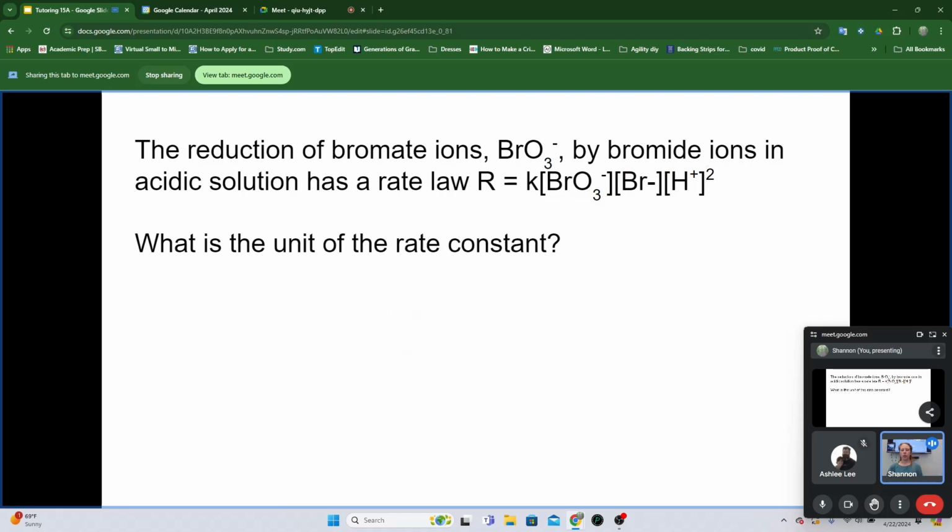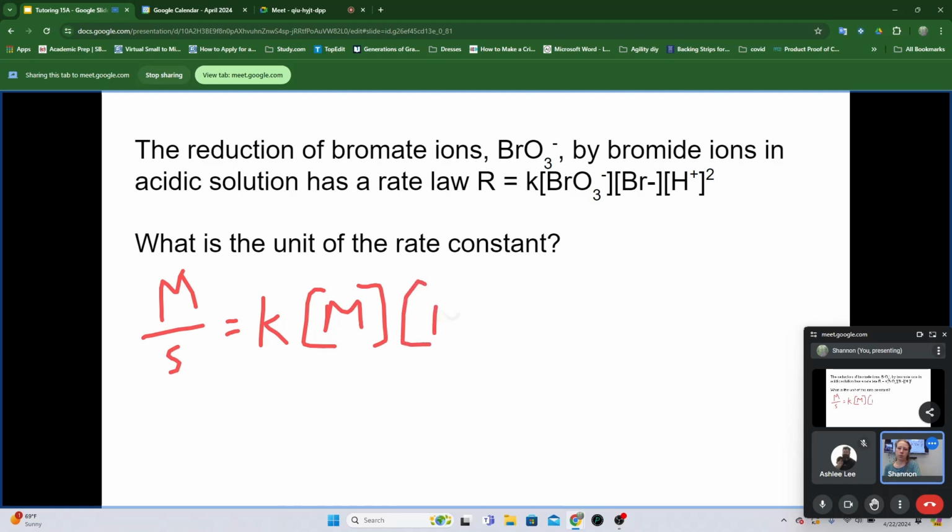Okay, so what's the unit of this rate constant? So put the rate, molarity per second, equals K. No matter what, it's molarity. This one's to the 1 power, this goes to the 1 power.